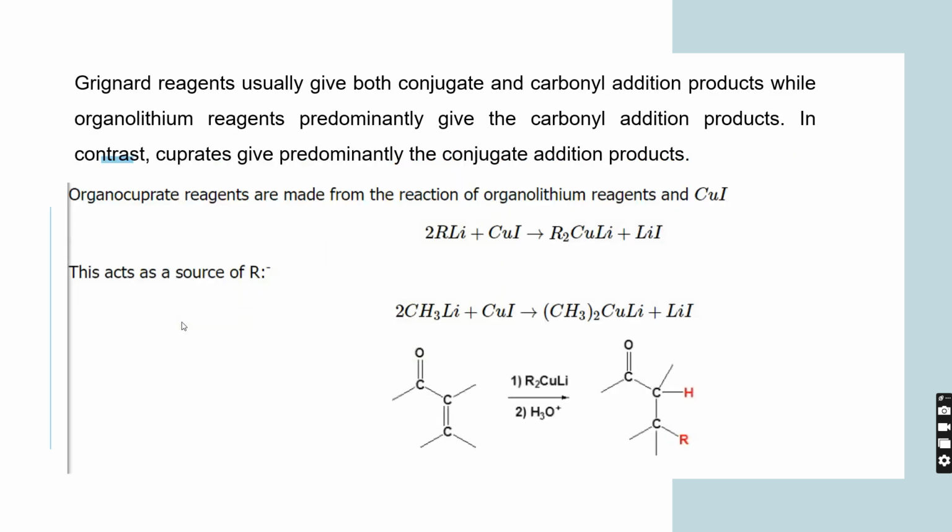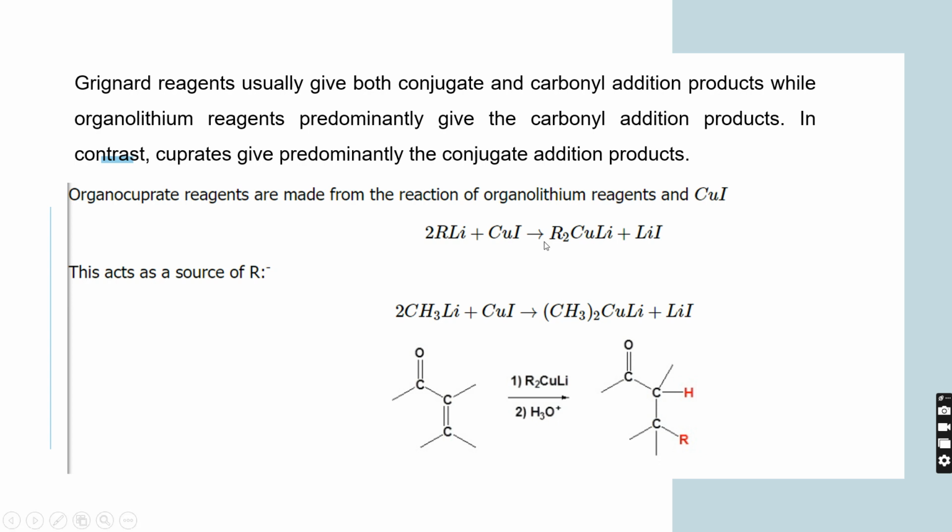If we talk about organocuprate reagents, this is how they are synthesized, by reacting organolithium reagents with copper iodide, and the nucleophiles in these organocuprate reagents act as comparatively soft nucleophiles when compared to organolithium or Grignard reagents.